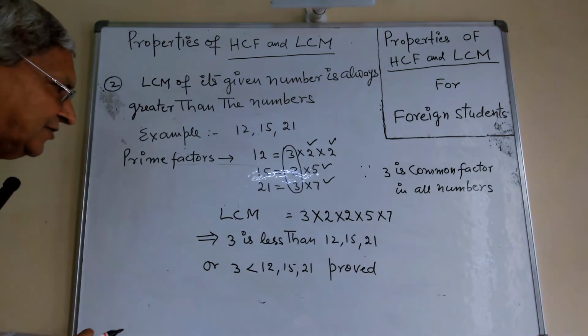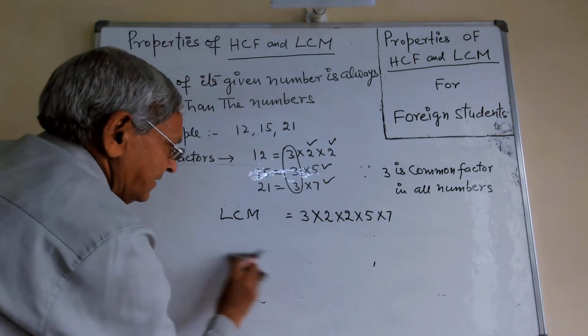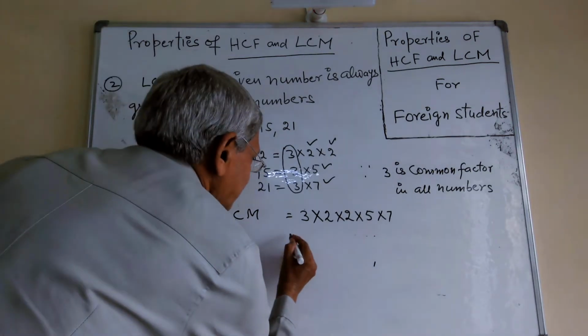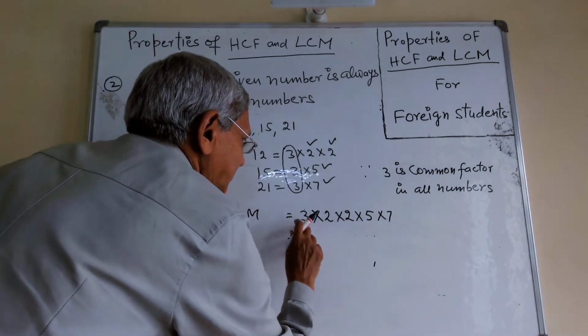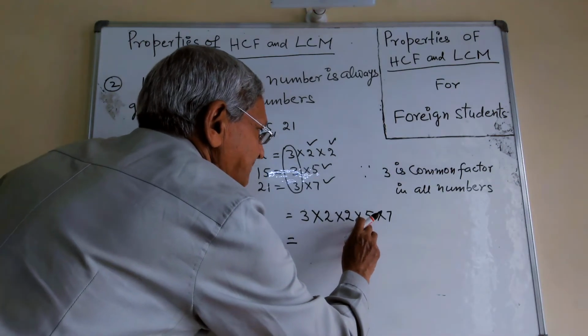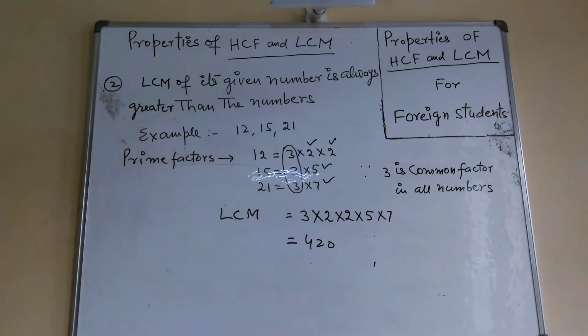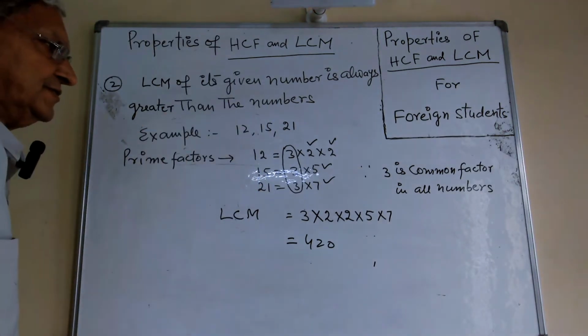Now multiply these. So 3 times 2 is 6, 6 times 2 is 12, 12 times 5 is 60 and 60 times 7 is 420. This is the LCM of these three numbers.